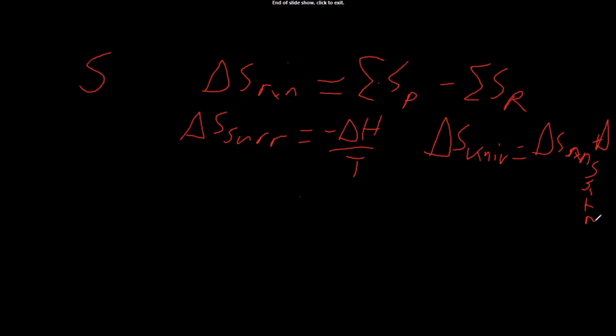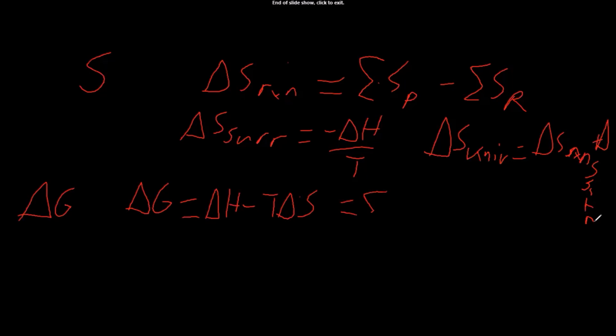Then we learned about Gibbs, delta G. We learned that we can calculate Gibbs as either delta H minus T delta S, or as the sum of Gibbs of the products minus the sum of Gibbs of the reactants, the same way we can calculate delta S. We learned that delta G is equal to 0 at equilibrium.